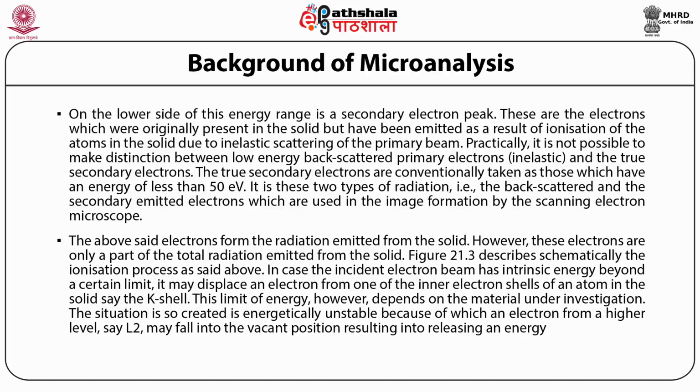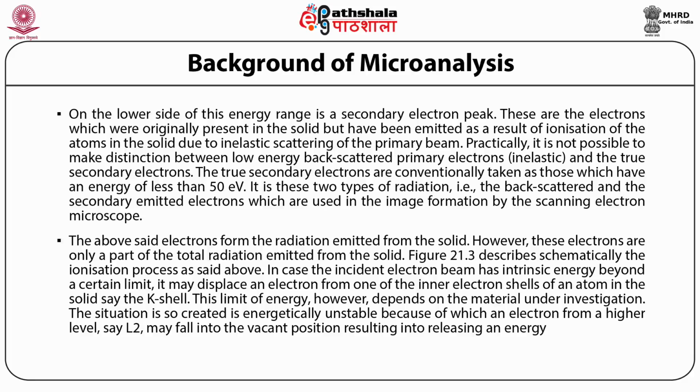Figure 21.3 describes schematically the ionization process as said above. In case the incident electron beam has intrinsic energy beyond a certain value, it may displace an electron from one of the inner electron shells of an atom in the solid, say the K shell.